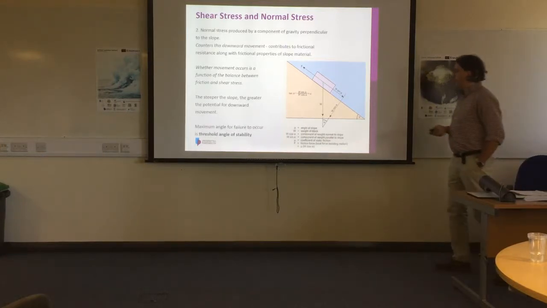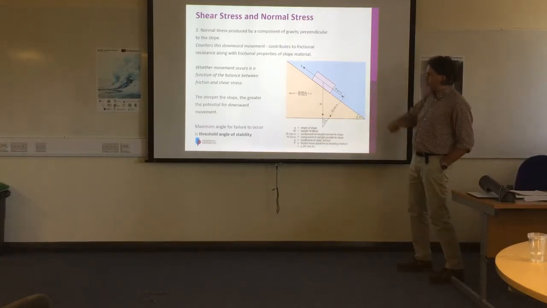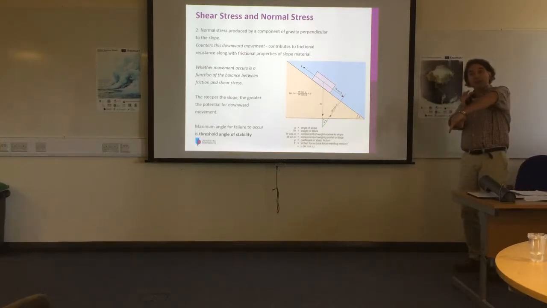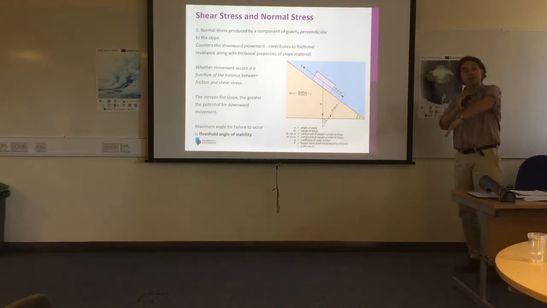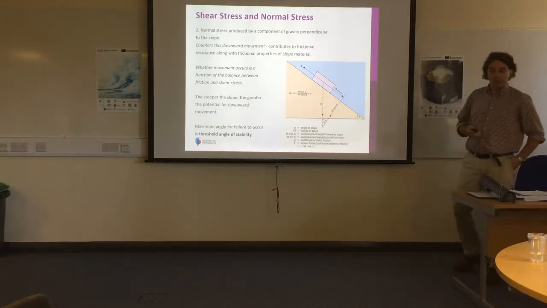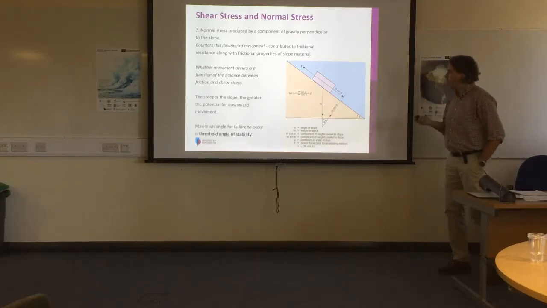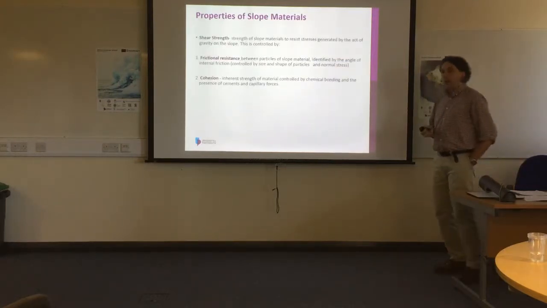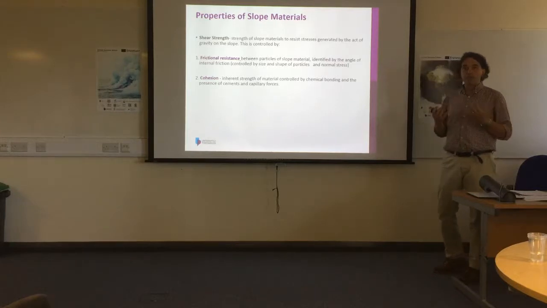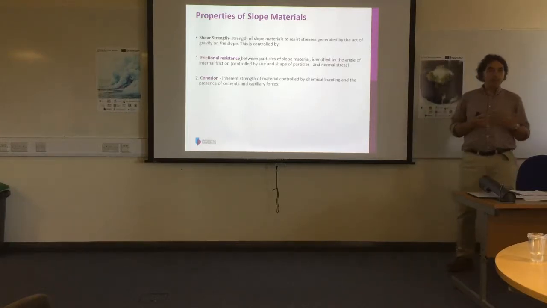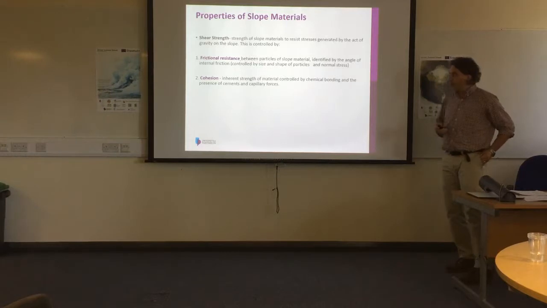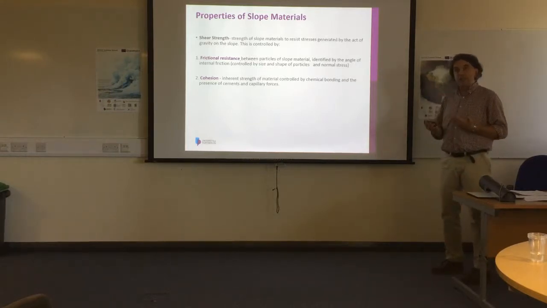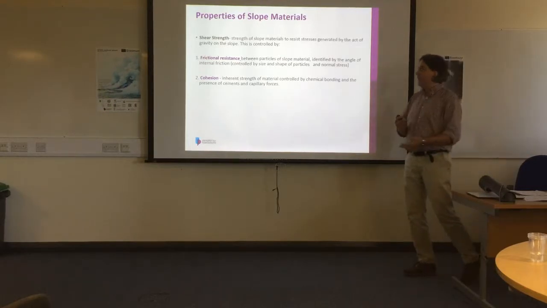Here again we have this threshold angle of stability. Up to a certain point, the slope will be stable. If you go over a certain angle, the slope will fail. So it's the balance of these forces. But it's slightly more complicated because we've got the inherent strength of the slope, which we describe using the shear strength. When slopes normally fail, they do a process called shearing.